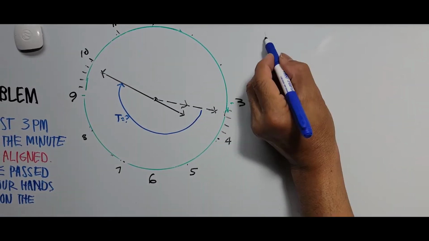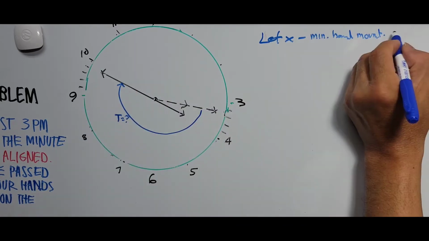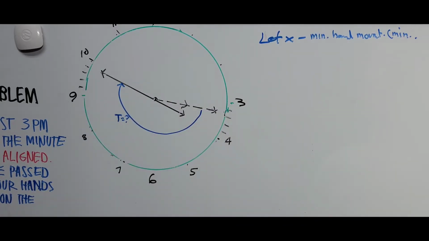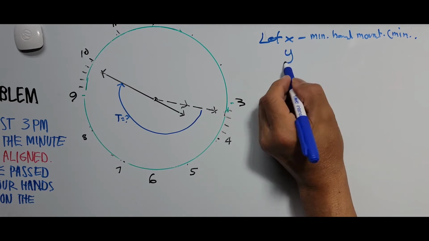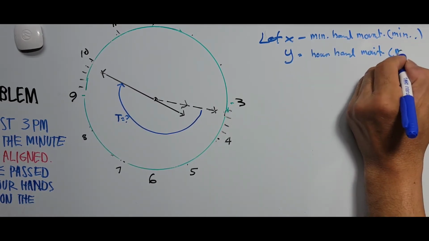Let x be the movement of the minute hand in terms of minutes, and y the movement of the hour hand, also in minutes.